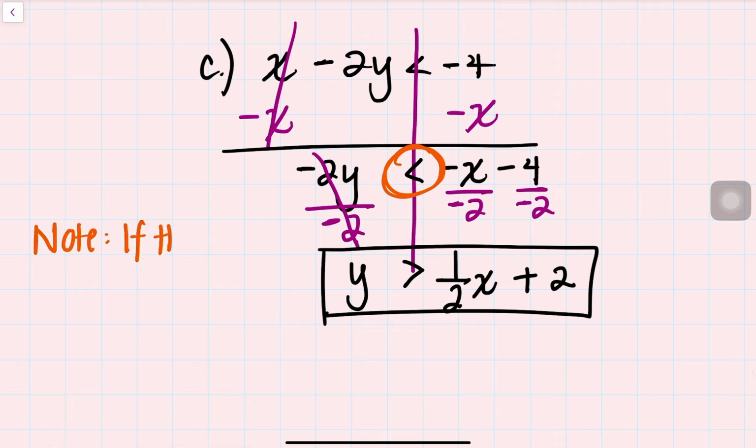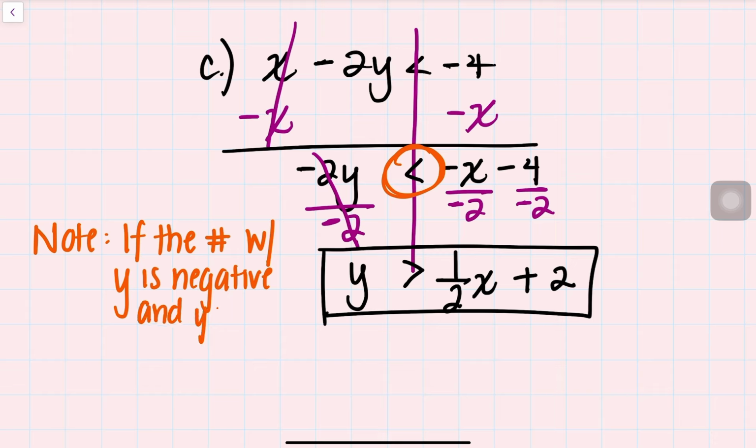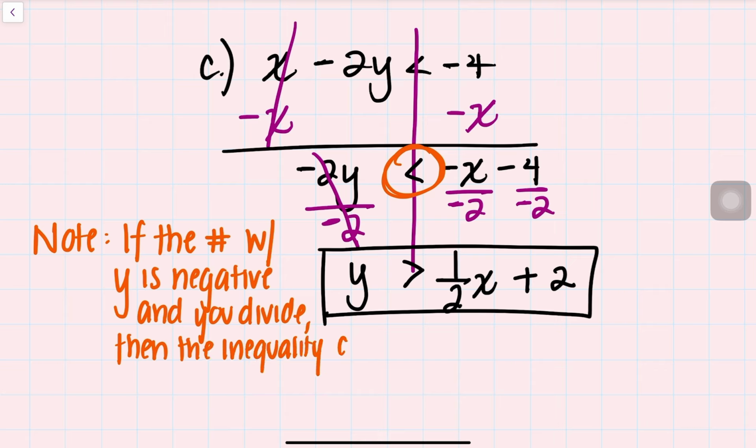If the number or coefficient, the number with y, is negative, and you divide, then the inequality changes direction.